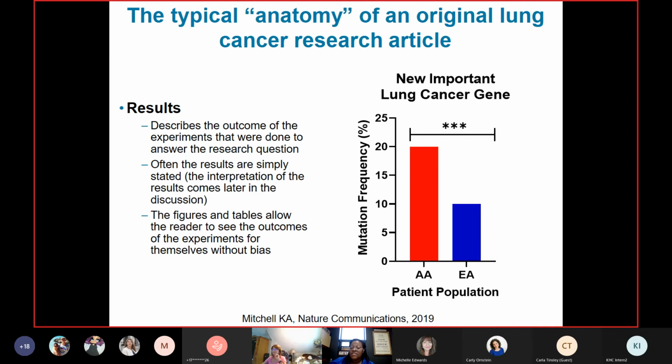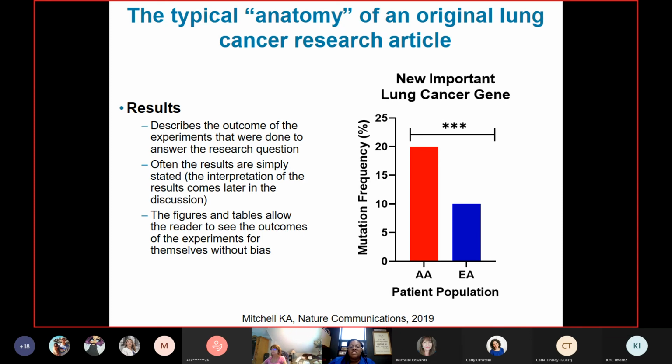Right? And another thing that you will often see in results, and this is a way you can tell if an original lung cancer research article is rigorous or not. Sometimes you'll see articles where people haven't put the appropriate rigor there, meaning the highest quality standard. So you should be able to see some type of statistics in your results.